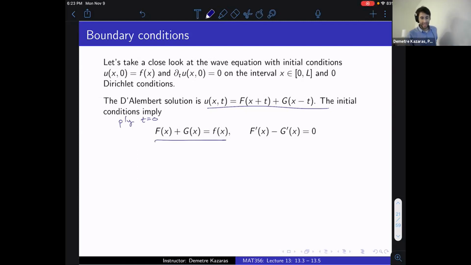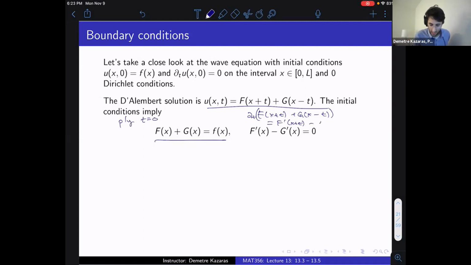Okay, simple. And taking the derivative with respect to time, partial t of f of x plus t plus g of x minus t, you've got to do the chain rule. You take the derivative of f, so that's f prime at x plus t. And then when you take the derivative of g, you've got to multiply by minus 1 because you're taking the time derivative of the inside function, x minus t, which is minus 1.